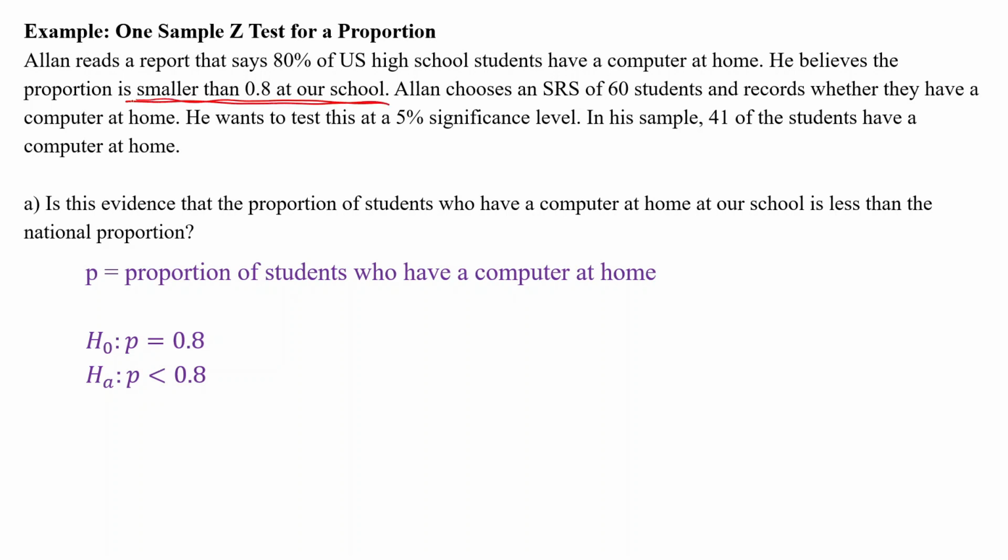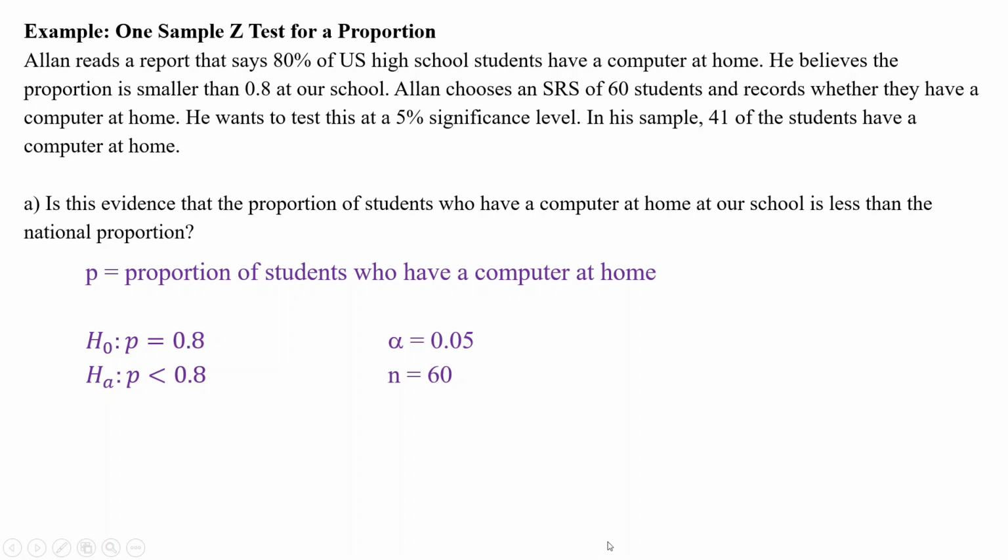And because he believes it's smaller than 0.8, our alternative is going to be less than 0.8. If Alan wasn't sure of which direction, if he just wanted to test to see if it was different than 0.8, it would be a two-sided. But this is a one-sided because he believes it's going to be smaller than 0.8, and he sets that before he conducts an SRS.